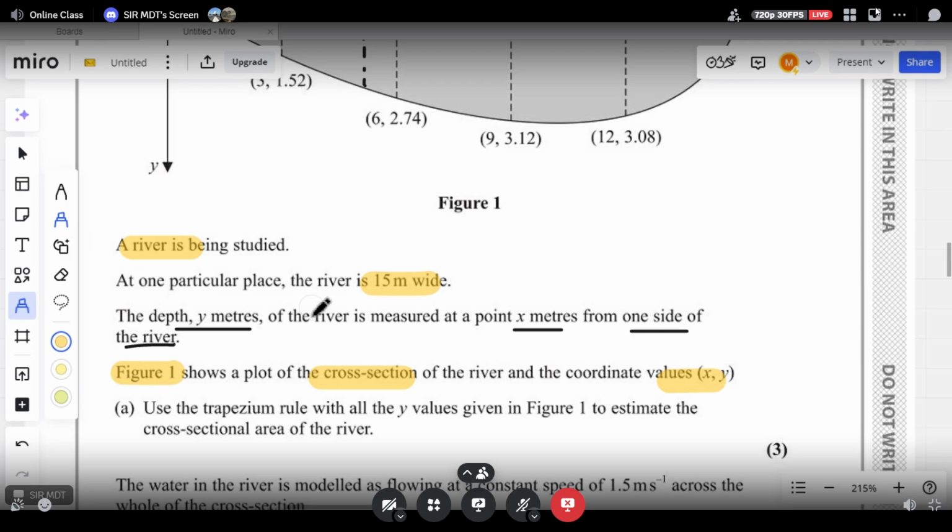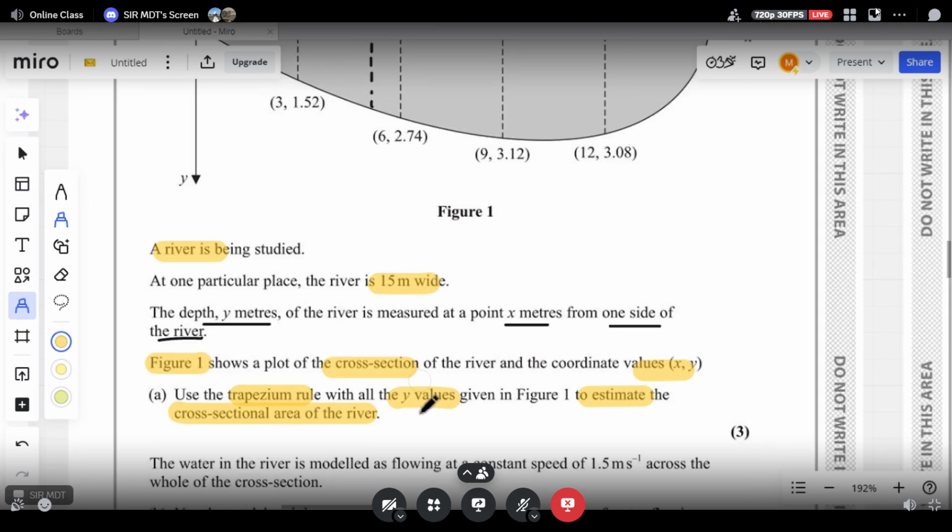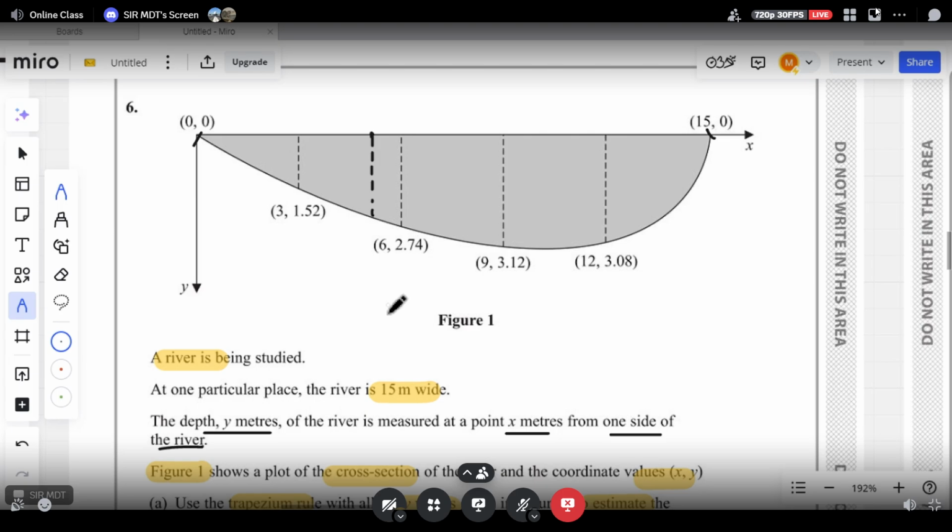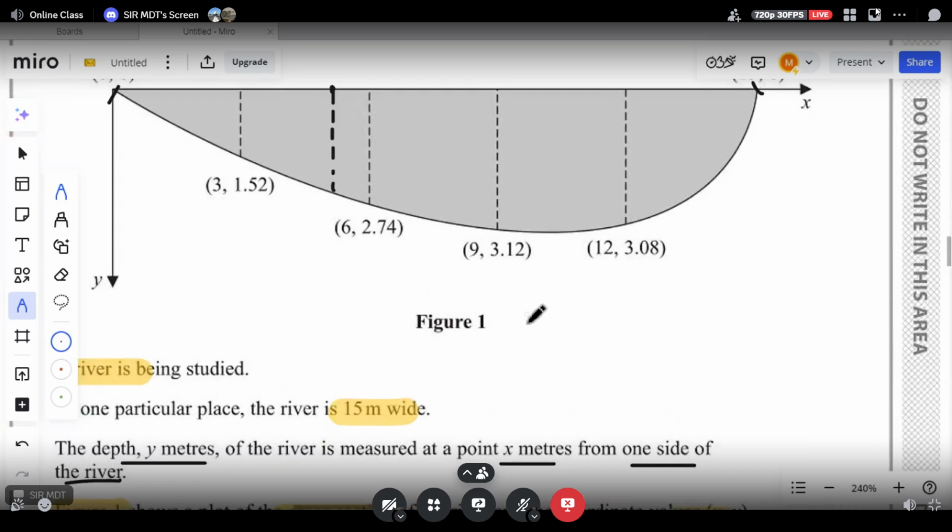Okay. So we need to use the trapezium rule with all the y values in figure 1 to estimate the cross sectional area of the river. So we need to use the trapezium rule. Okay. So for using the trapezium rule, at first consider the area of a trapezium. What's the area of a trapezium?